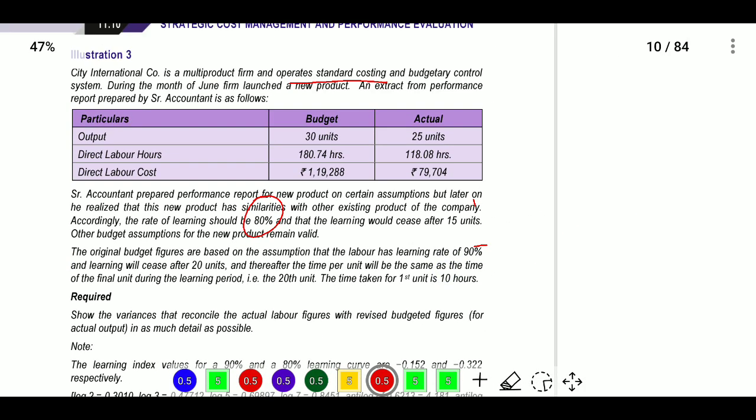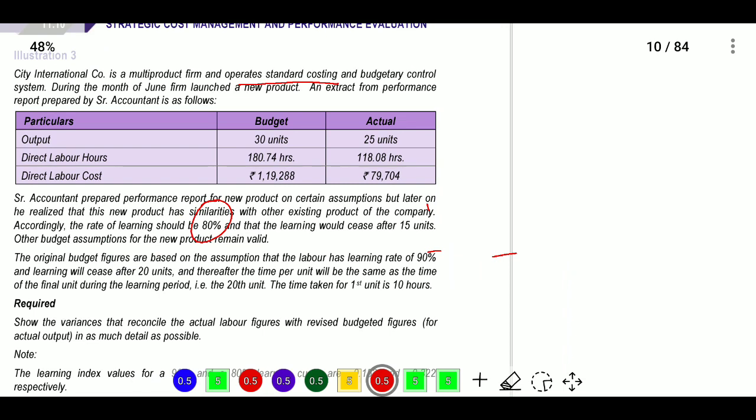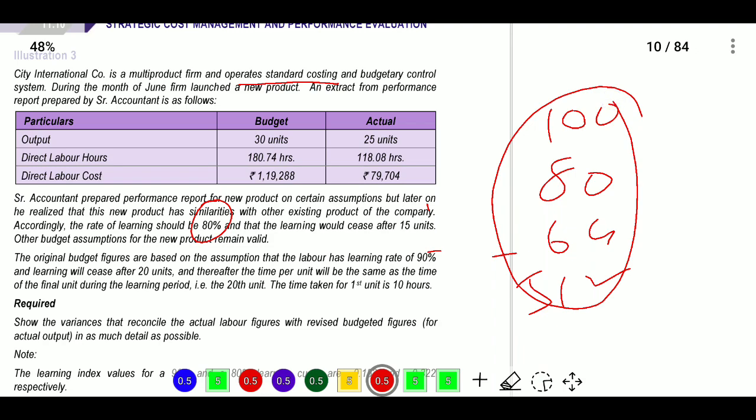An 80% learning curve effect means that if the first time you take, for example, 100 hours, the second time you take 100 into 80%, which is 80 hours. The third time 80 into 80%, so you will take 64 hours. Next 64 into 80% is 51.2, so the fourth time you will take 51.2 hours. That is the 80% learning curve effect.